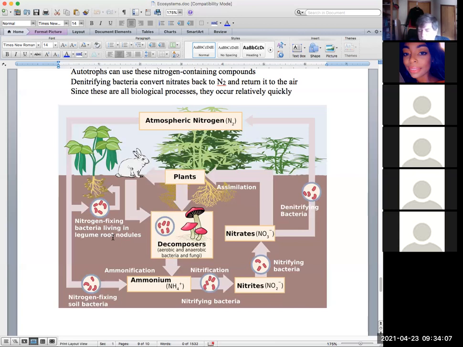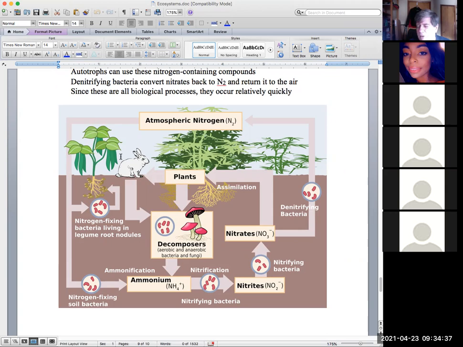There are also a few fungi that can fix nitrogen. Notice this process is called nitrogen fixing or nitrogen fixation. So you don't want to think of this in terms of the nitrogen is broken. When we talk about nitrogen fixation, a gas fixation, we're talking about changing that from a gas to a solid or a liquid.